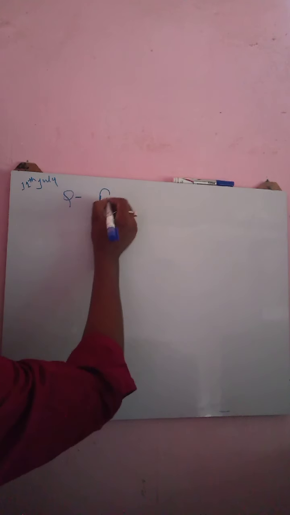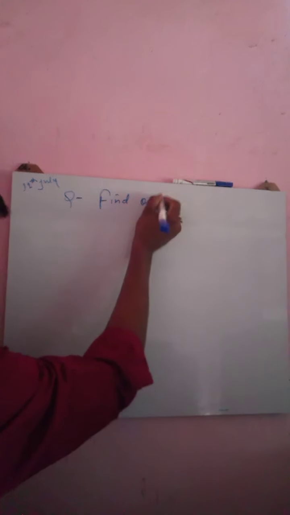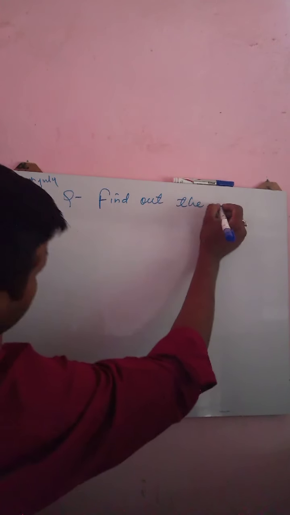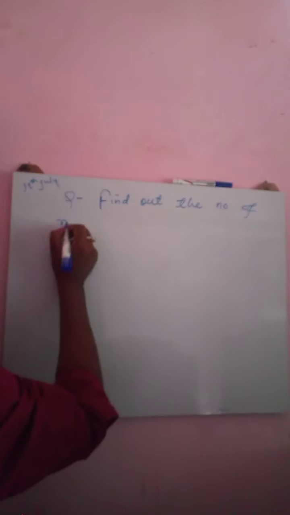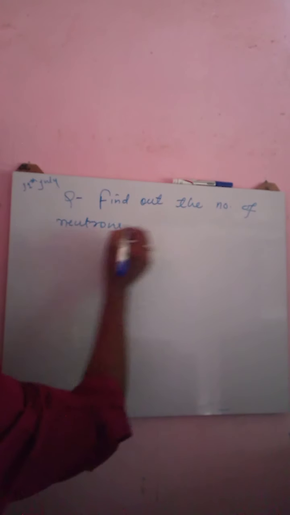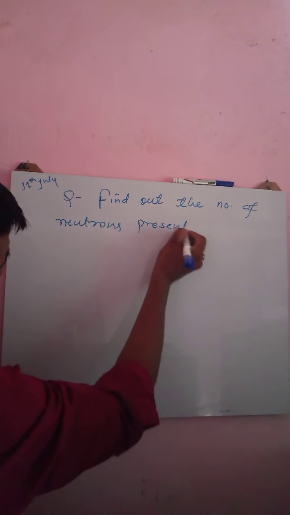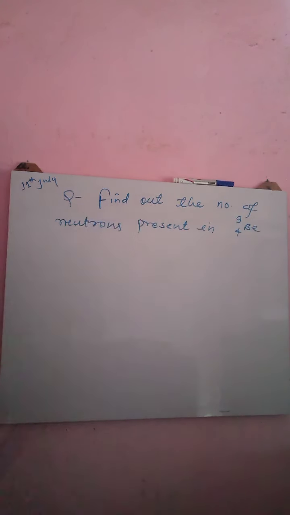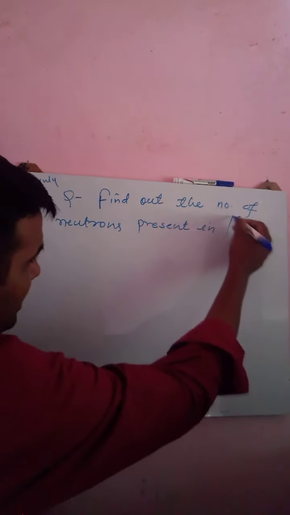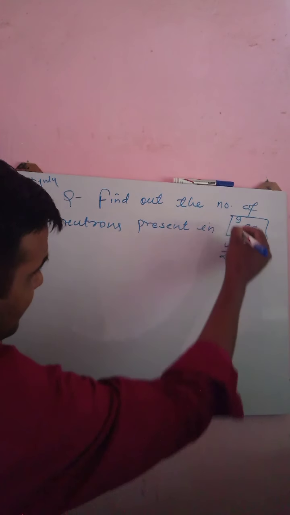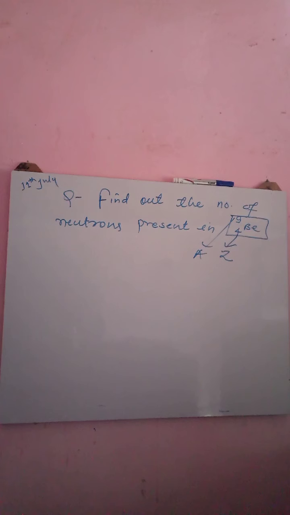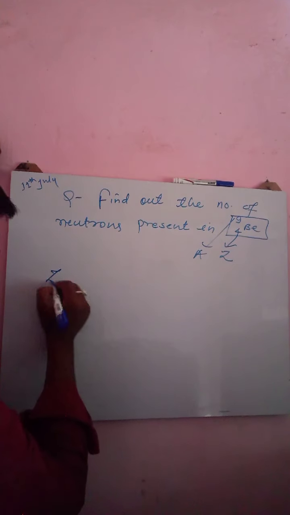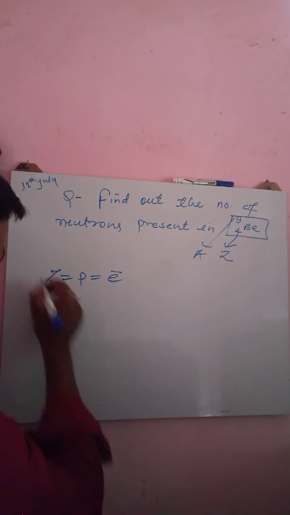Problem number 1. Find out the number of neutrons present in 4 beryllium 9. Follow the nuclide representation: Z is 4 and 9 is A. We all know Z is equal to P is equal to E for a neutral atom.